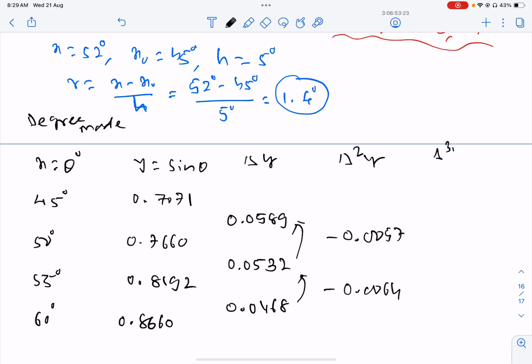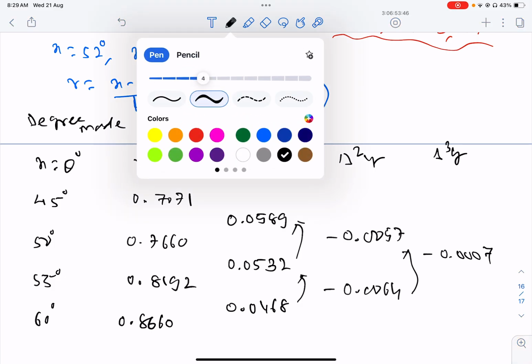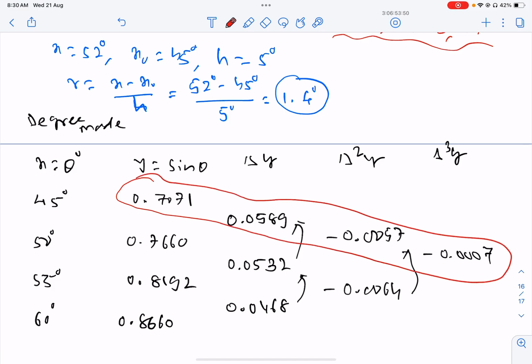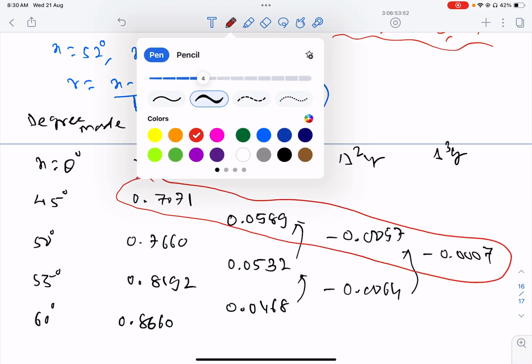And same way you take the third difference, minus 0.0064 plus 0.0057. So that is negative of 0.0007. So this is the table, and we need to consider this value when we use the formula.